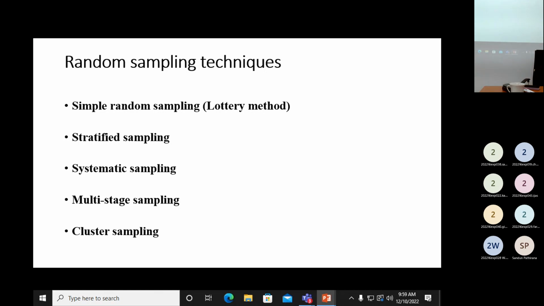Then select all the people of the selected areas into the sample.